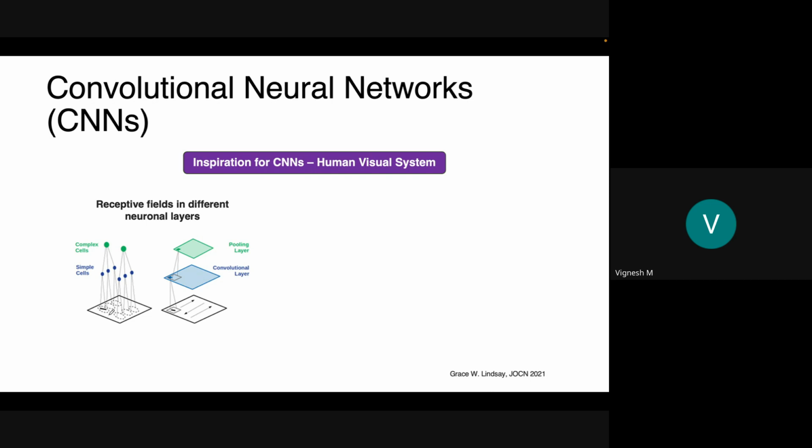A bunch of simple cells then combine into what are called complex cells, where each individual cell has a small receptive field, but this complex cell now looks at a wider reach. And a bunch of complex cells might then pool to give you another type of cell which looks at a bigger space. And that is the effect that you are pretty much getting in a CNN.